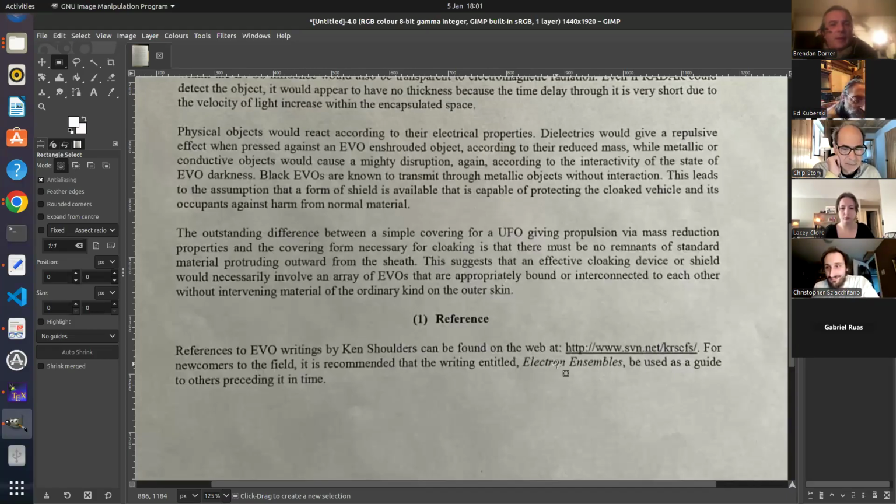So my question is, I think that in order for us to have this cloak, we first need to concentrate the white EVOs, and then when these white EVOs pass to the state of dark EVOs is when this cloak is activated, because the matter, let's say that matter is entangled with these EVOs, so it follows the behavior of the EVO.